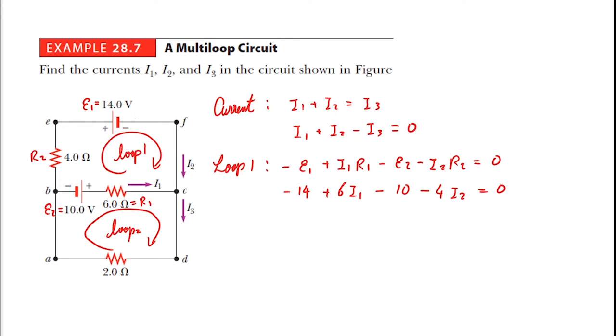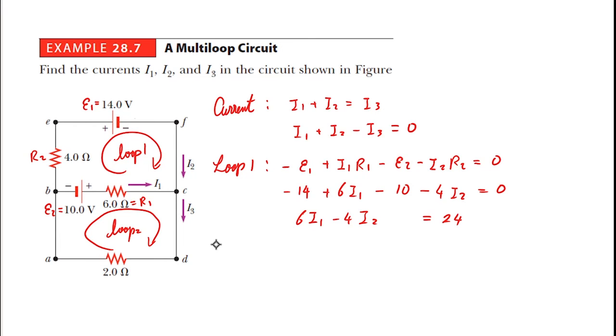With me? Okay, so cleaning up, so you have 6I1 minus 4I2 is equal to 24. And you can divide both sides by 2 and do all that, except we're not going to do that. There's a reason.